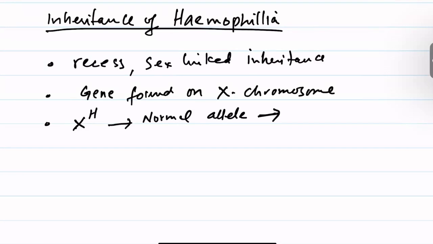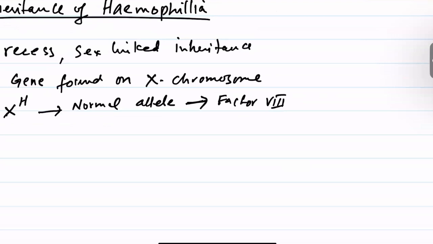This is called the factor 8 gene. Factor 8 protein is produced, which is a normal protein involved in blood clotting.